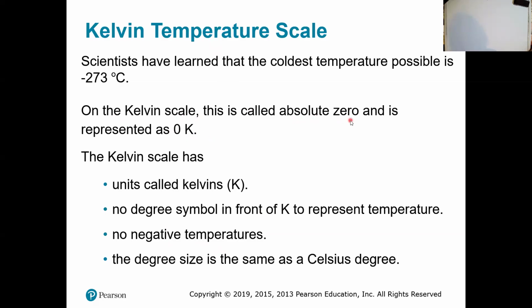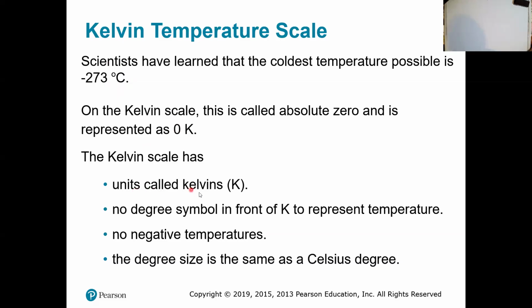It is the coldest temperature that exists. There's nothing possible below 0 Kelvin. 0 Kelvin is the same temperature as negative 273 Celsius. Okay, so if you have a temperature of 0 Kelvin, that means your temperature is also negative 273 degrees Celsius.